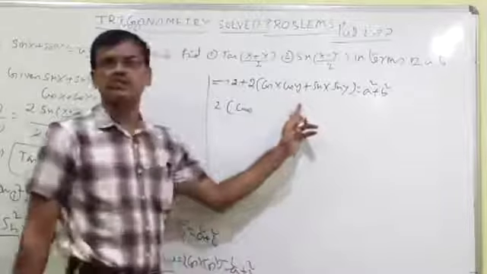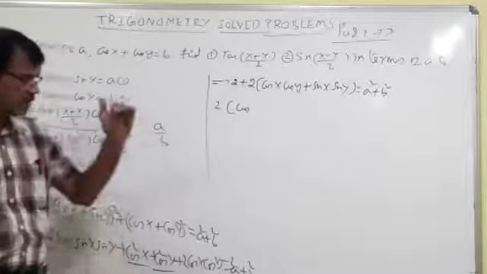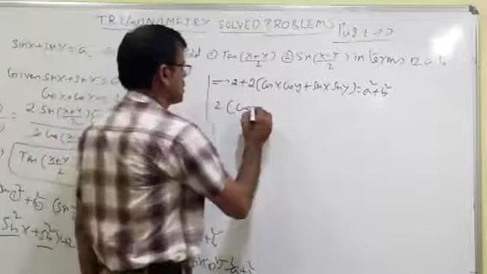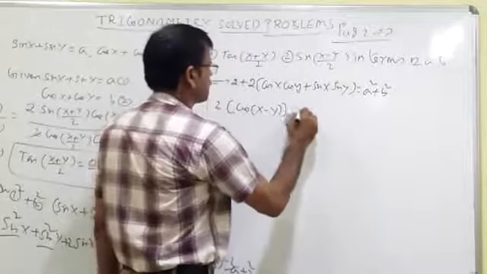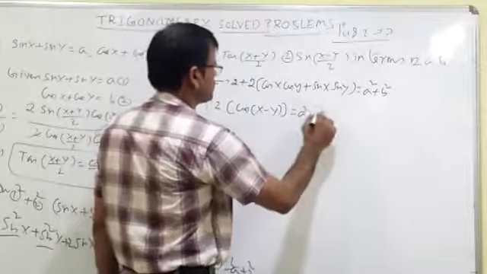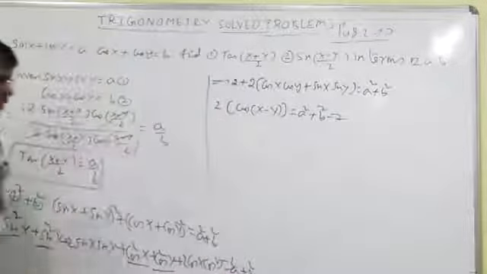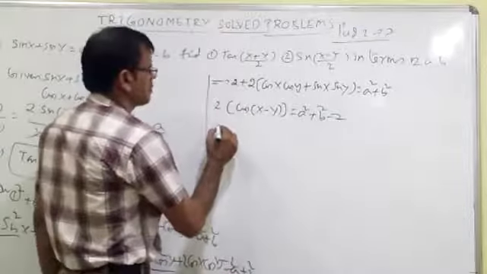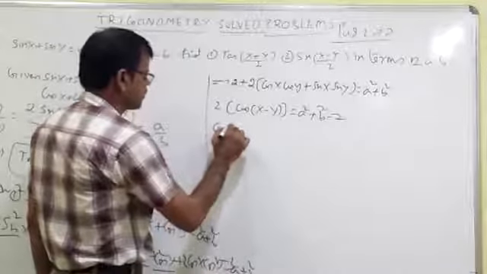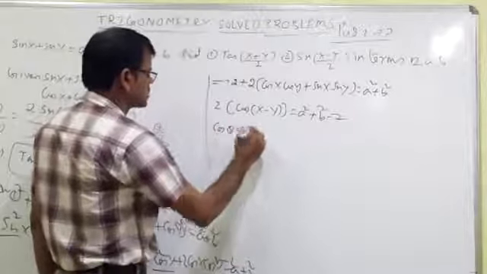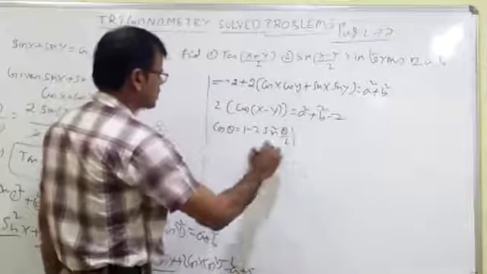Now cos a cos b plus sin a sin b, according to the compound angles formula, we know this is cos of (x minus y). So 2 into cos of (x minus y) is equal to a square plus b square minus 2, we got. Now the next step: let us remember the formula, cos theta is equal to 1 minus 2 sin square (theta by 2).